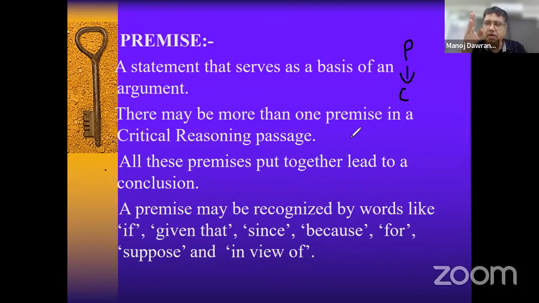Add these two, you conclude that it is injurious to health. So premise one is smoking affects lungs. Premise two is smoking affects heart. Add both in, you eventually conclude that smoking is injurious to health. So premise is leading to conclusion. Two premises leading to a conclusion. It can be one premise leading to one conclusion, whatever you feel like. All right. So what we want to say is a premise would eventually lead to a conclusion. That is what we're trying to say.